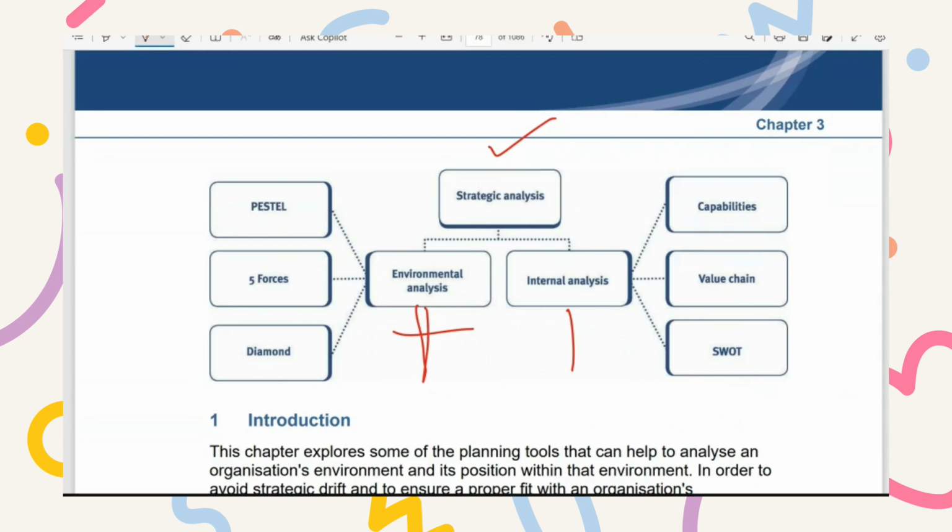Environmental analysis covers what is outside the company, like government or other stakeholders, how you interact with banks or financial institutions, or anything relating to the development of your business which needs licensing or approvals. Under the environment, PESTEL analysis, Five Forces and the Diamond will be discussed. Under internal analysis, we look at the company's capability, the value chain, and the SWOT analysis.